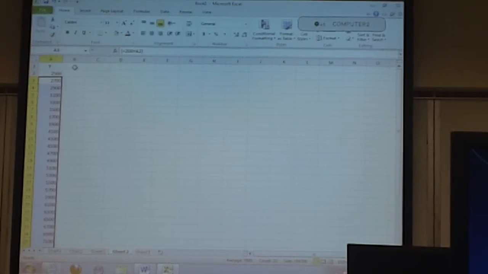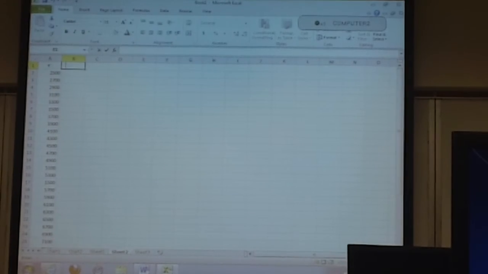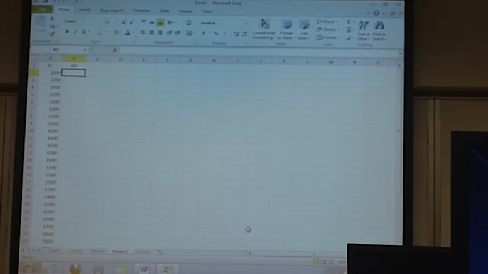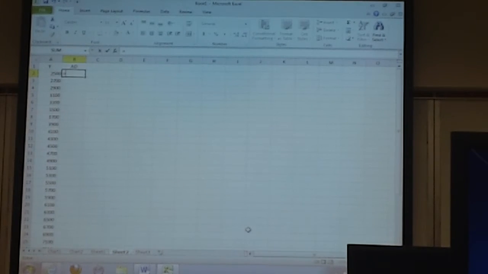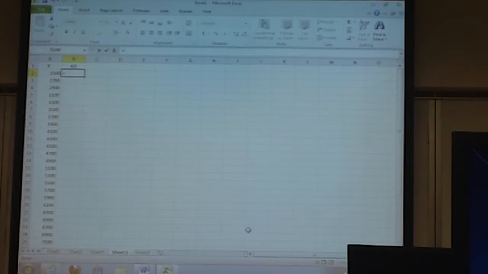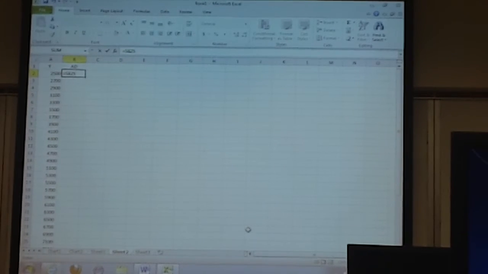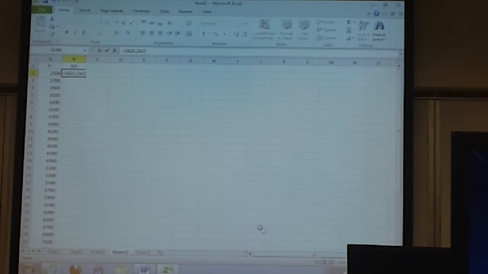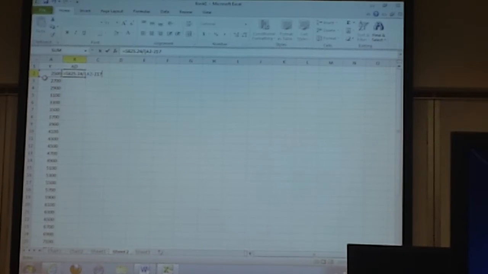And then we'll get aggregate demand. So that's equal to 58,25,24 divided by Y minus 2174.76.